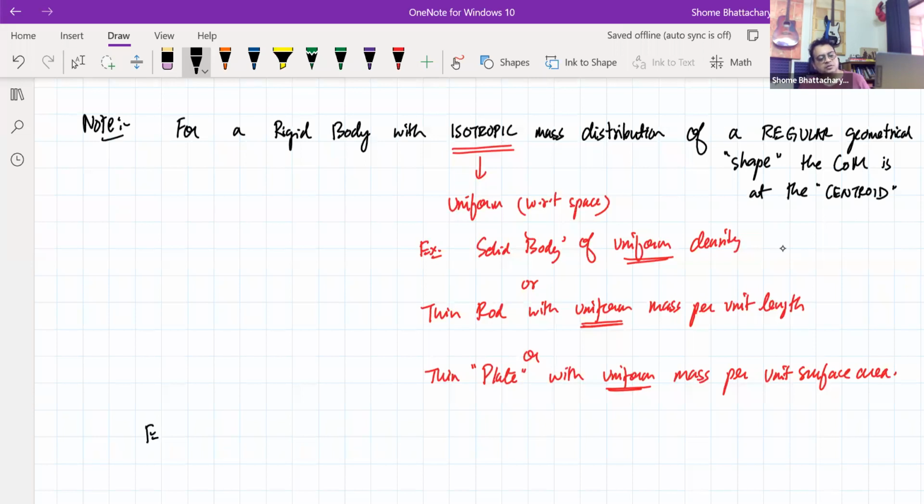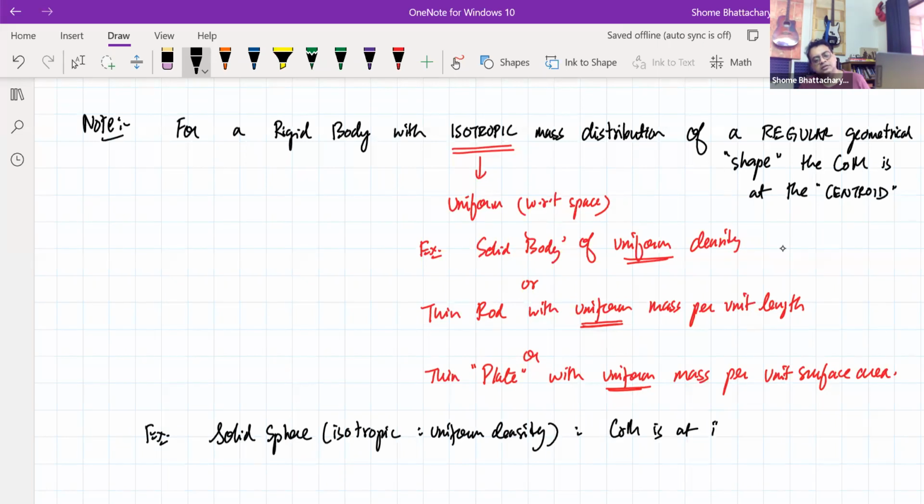For example, if we have a solid sphere which is isotropic, that means it has a uniform density, then its center of mass is at its geometrical center.